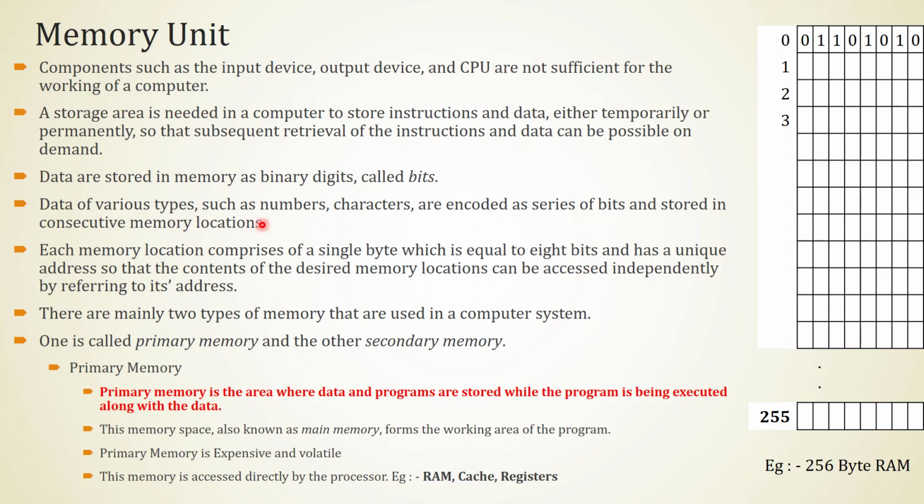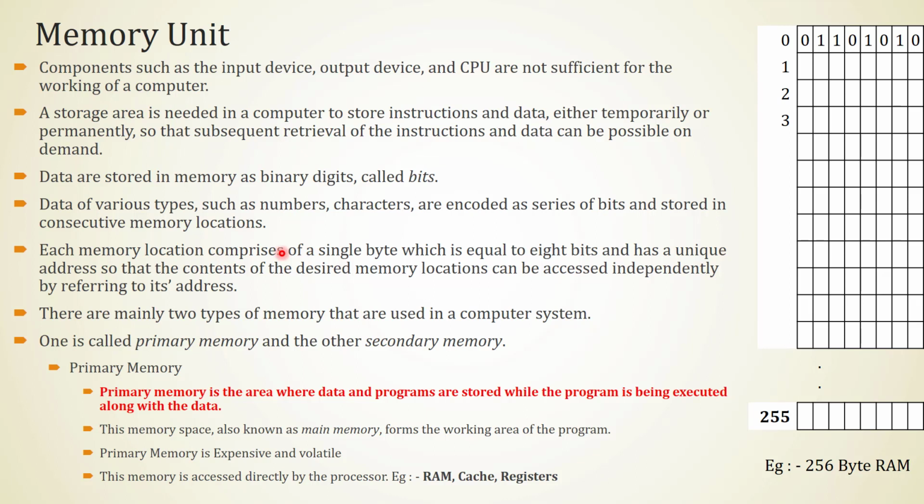We know the English language, but the computer does not, so English will be encoded in a series of bits. Suppose the letter A will be encoded in a particular series of bits and stored in consecutive memory locations.